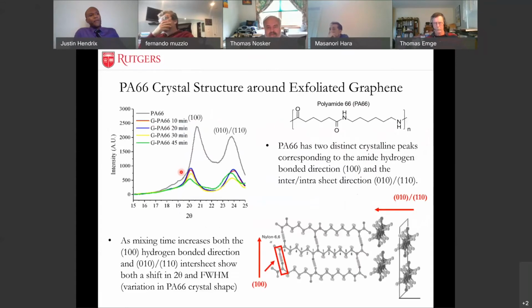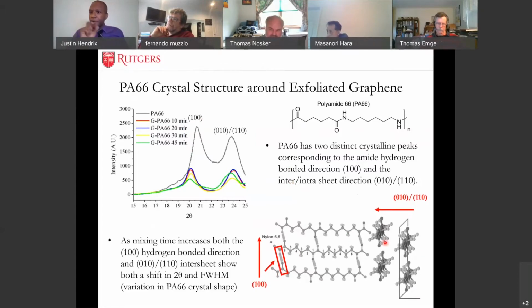Another thing we found out is that PA66 is semicrystalline, so it should produce a diffraction pattern. And we actually end up seeing that, where the first for PA66 is 100, and the second is 010. These correspond to the hydrogen bond direction for the first one, and the intra-sheet thickness for the second one.